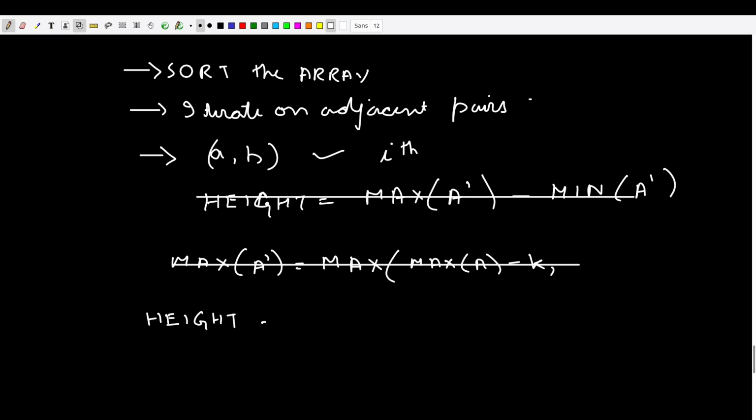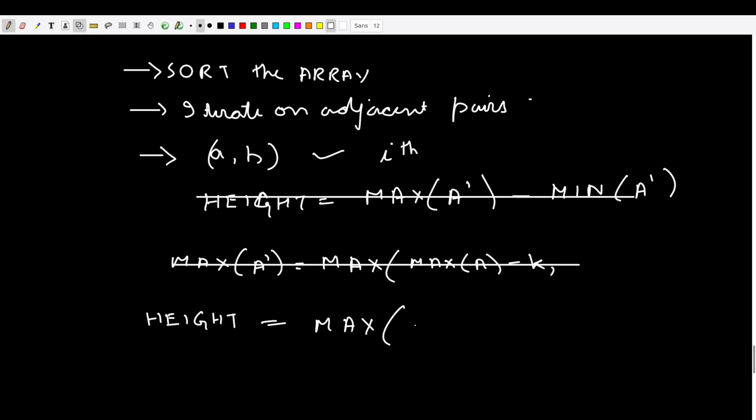So if I am at the ith position, let me write it down like this.